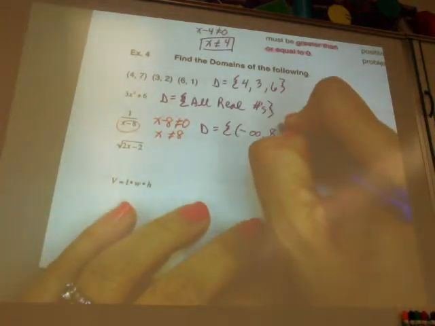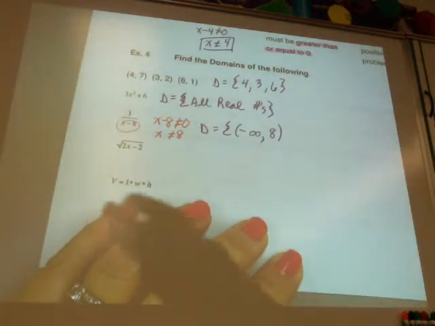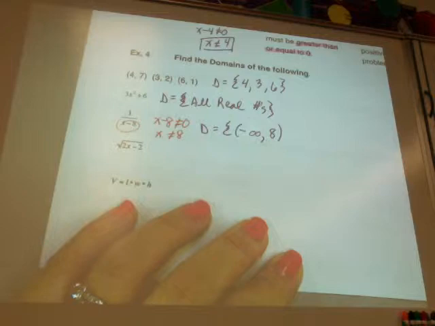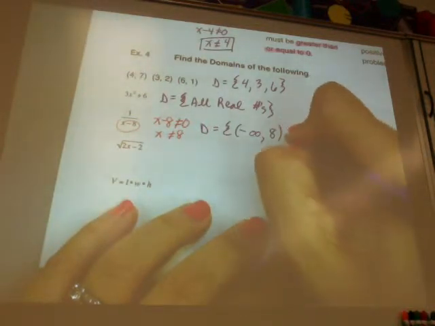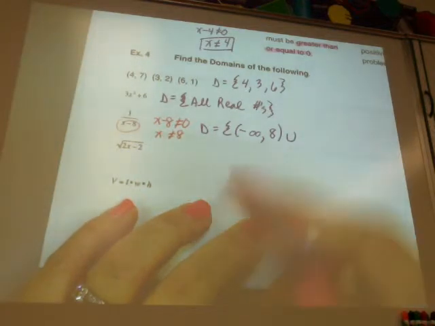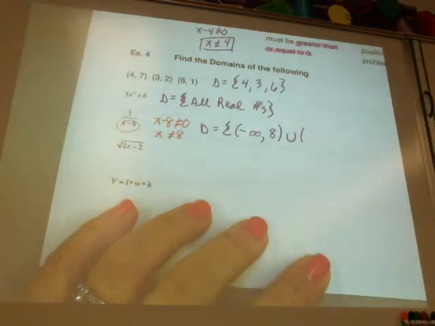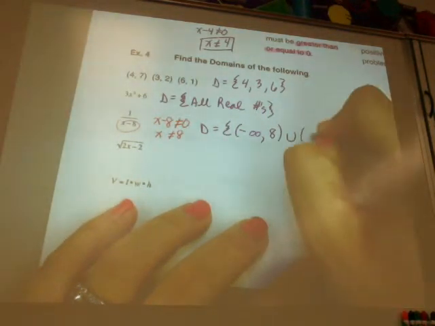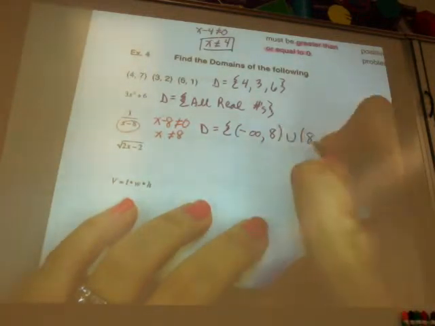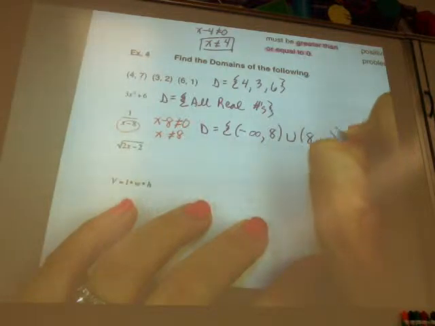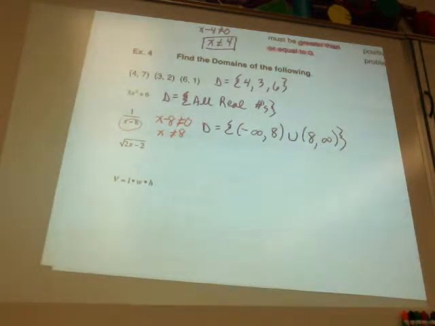So I want to put parentheses here because I'm going from negative infinity all the way up to 8, but not including 8, on the left side. I don't want to include 8, so I'm going to union it. My left boundary now is going to be 8 again, but I don't want to include it. And I want to go to all numbers greater than 8, so positive infinity on the right. So that's what your interval notation would look like for that.